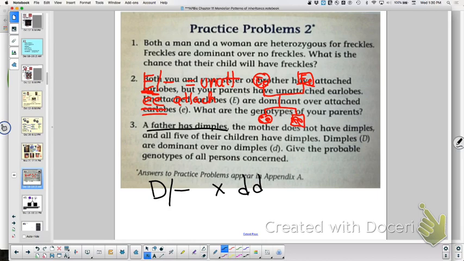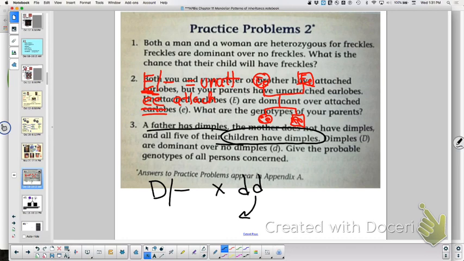What does it say? All 5 of their children. So they had 5 children. All 5 of their children have dimples. Remember, dimples are dominant over no dimples. What did mom give every single time?